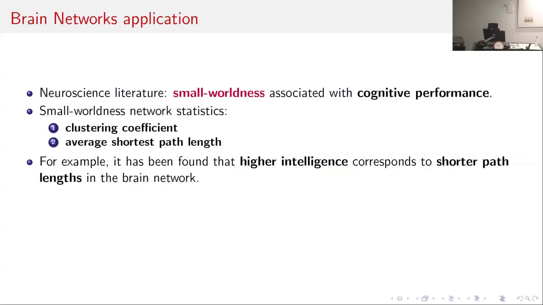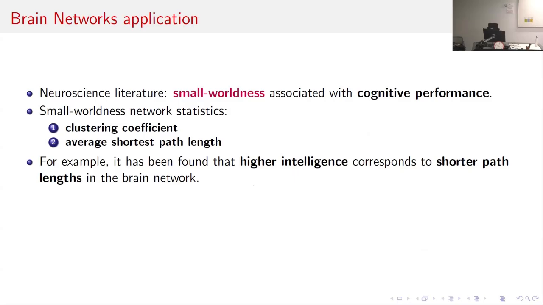A small world structure can be described by 2 network statistics: the clustering coefficient, which is the extent to which nodes form triangles, and the average shortest path length, which is easier to understand from the name. For example, in the neuroscience literature, it has been found that higher intelligence corresponds to shorter path lengths in the brain network.